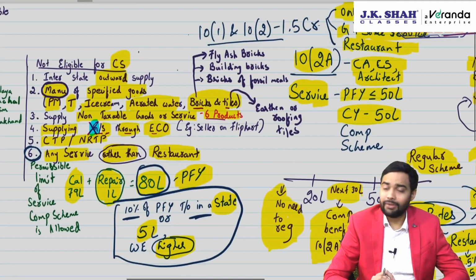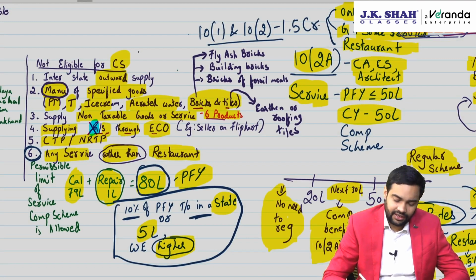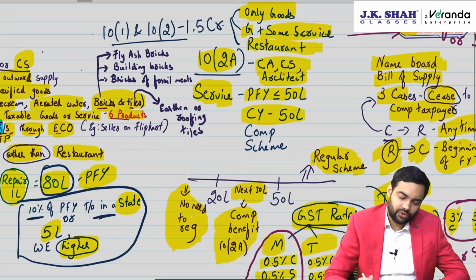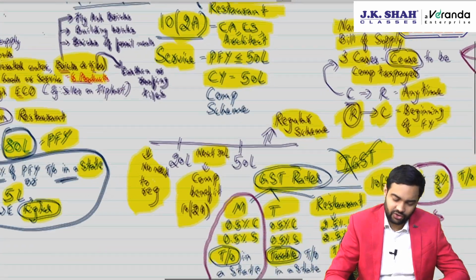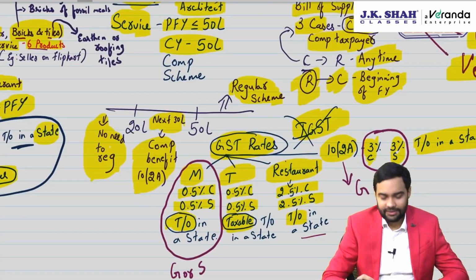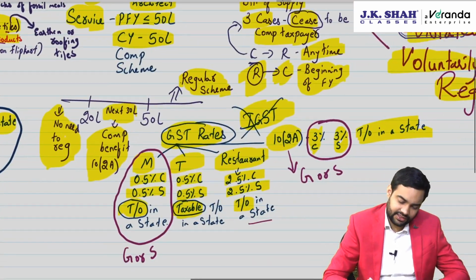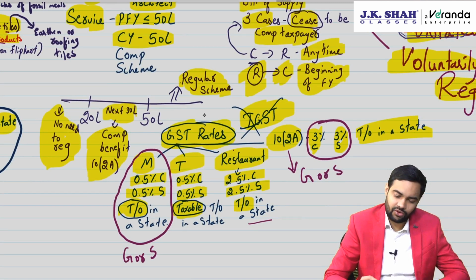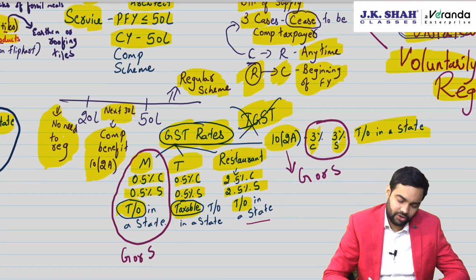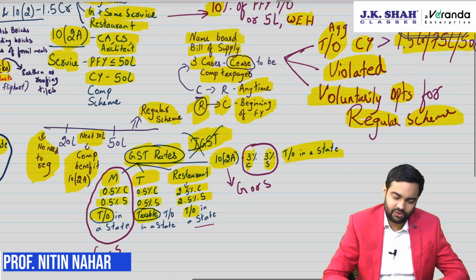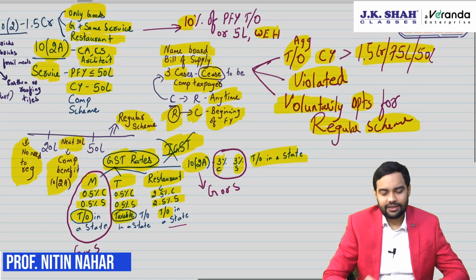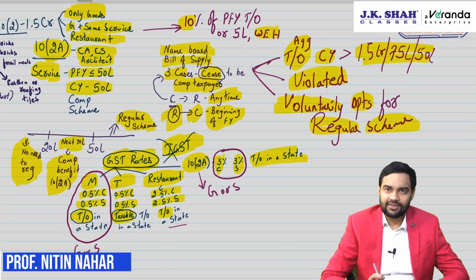Very important, manufacturer, don't forget. Then 10(2)(a), which is available for the service industry, but there is no restriction on goods. Then we saw how the mechanism works there. GST rates which are applicable for the composition scheme. Careful about trader, he pays on taxable turnover. Then some miscellaneous points were dealt with.